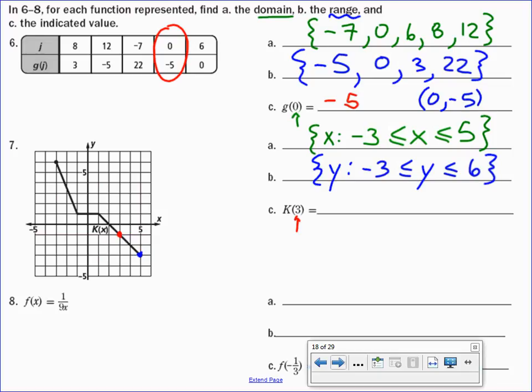The x value 3 is paired with what output value, what y coordinate? Looks like -1. So the point that refers to would be 3, -1, right? That's 3, -1. However, k of 3 equals -1. So the answer is just the -1. But I got that by looking at the point 3, -1.